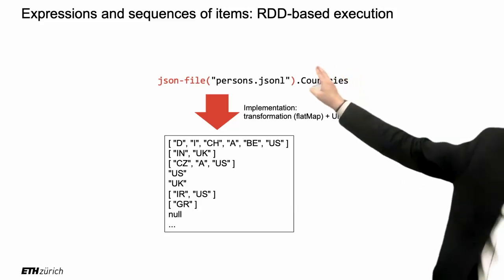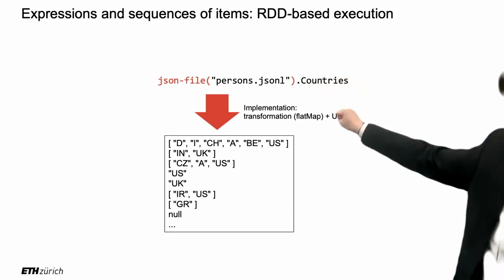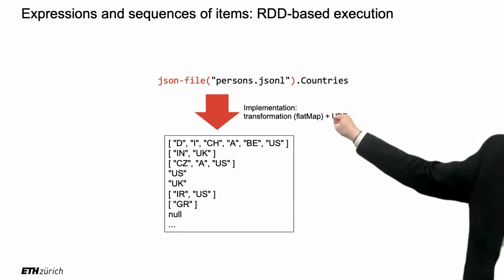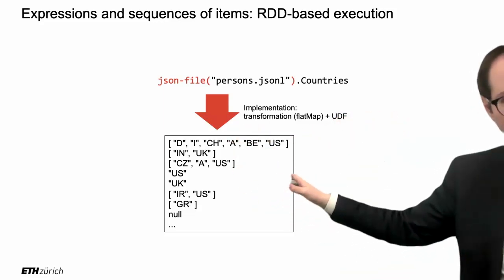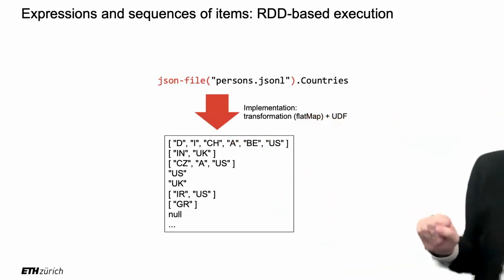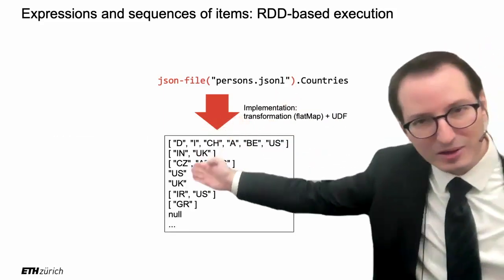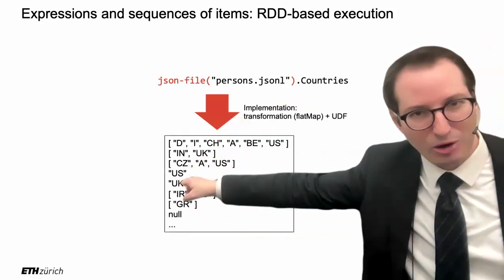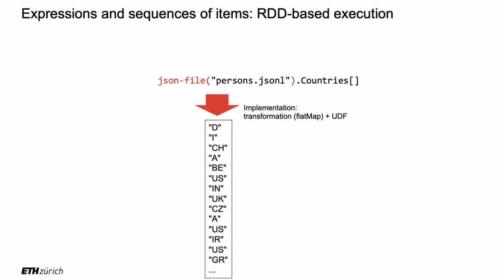It's not totally trivial, but it involves the navigation to countries. That is all packed in a user-defined function that gets serialized over the network and broadcast to the whole cluster so that it can be executed on all machines in parallel. And then what you get is, again, an RDD of items, and again, polymorphic, right? You see a string, an array, and so on, but this is no problem at all for RumbleDB.